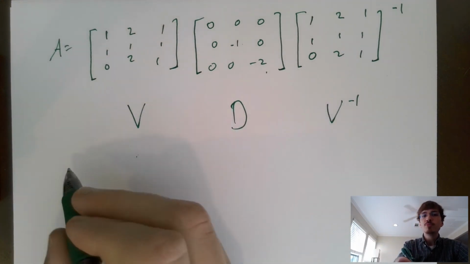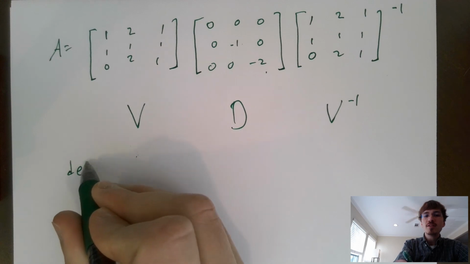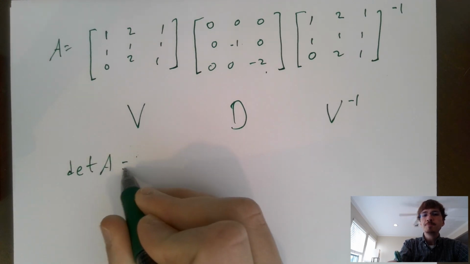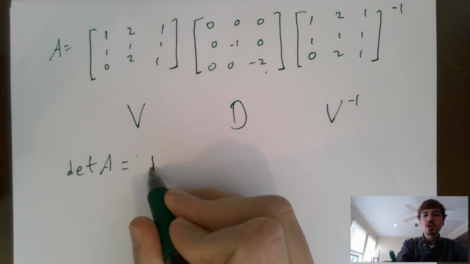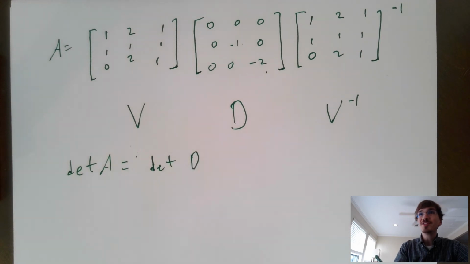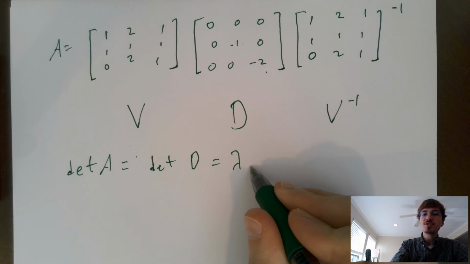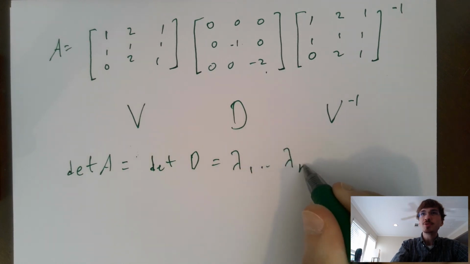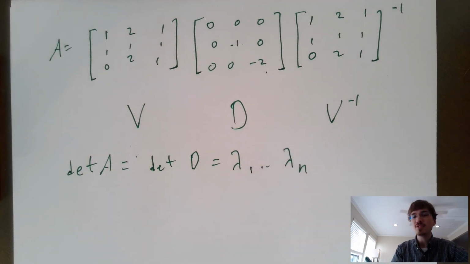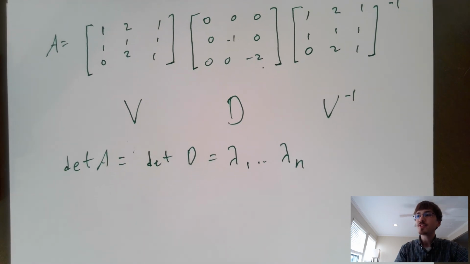This gives us another proof for the fact that the determinant of A is the determinant of D, since they're similar. And what's the determinant of D? It's just the product of the eigenvalues. So this gives us another proof of that fun fact. We also know they have the same characteristic polynomial. That's true in general. But one really cool thing is this is actually really cool for us in applications.